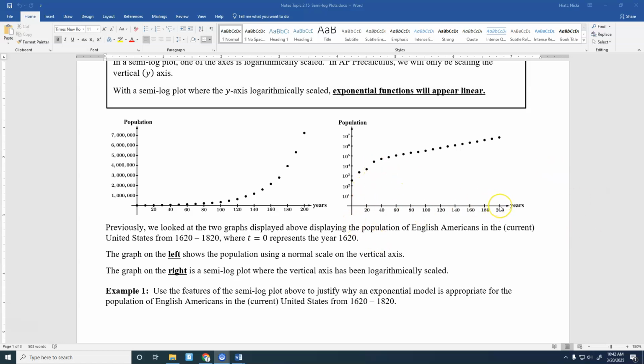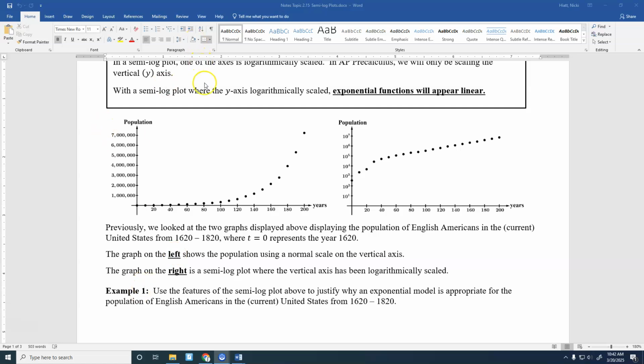When we get over here to 200, so that's the year 1820, we would go over here, and this is almost up to 10 to the 7th power, which would be 10,000. I mean, not 10,000, 10 million. Not quite there. It's actually supposed to be somewhere around 7 million, so that seems about right. So you have to be really careful on these axes.